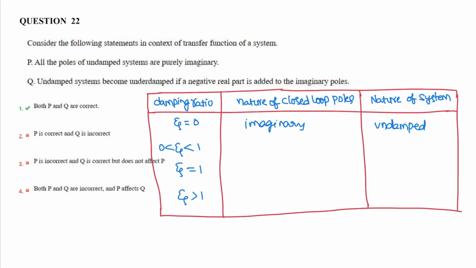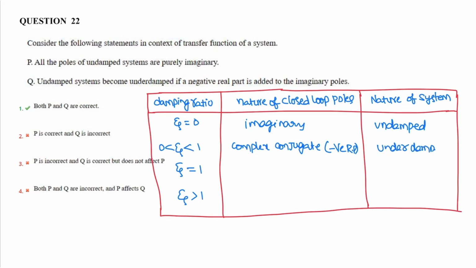For 0 less than zeta less than 1, the nature of poles is complex conjugate with a negative real part. Here the nature of the system is underdamped.